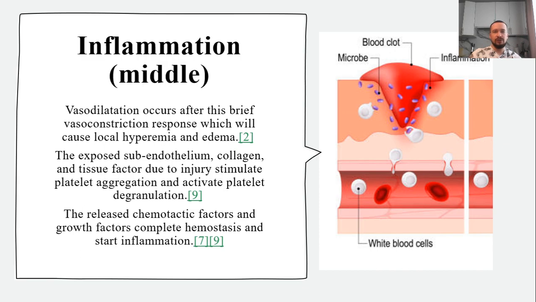Vasodilatation occurs after this brief vasoconstriction response, which causes local hyperemia and edema. The exposed subendothelial collagen and tissue factor due to injury stimulate platelet aggregation and activate platelet degranulation. The released chemotactic factors and growth factors complete hemostasis and start inflammation.